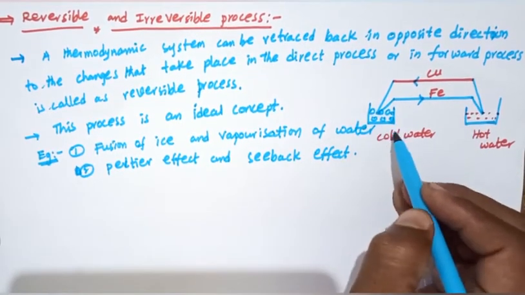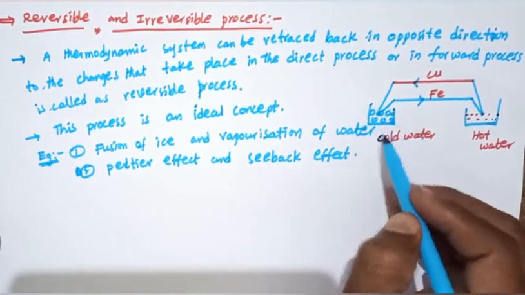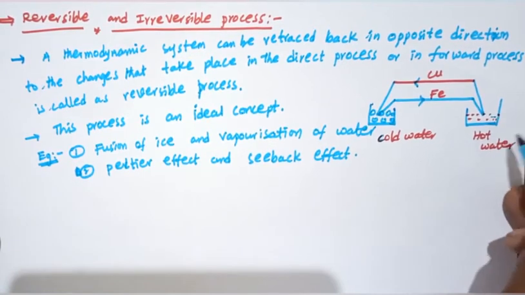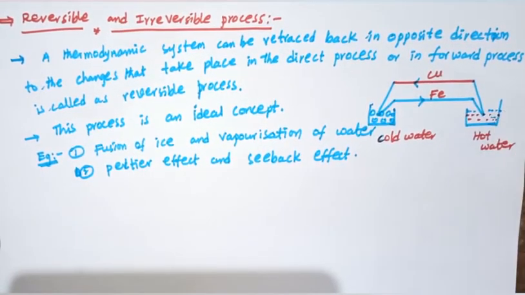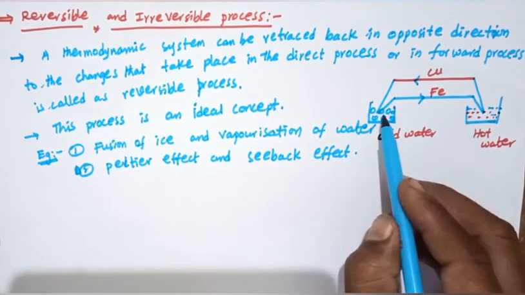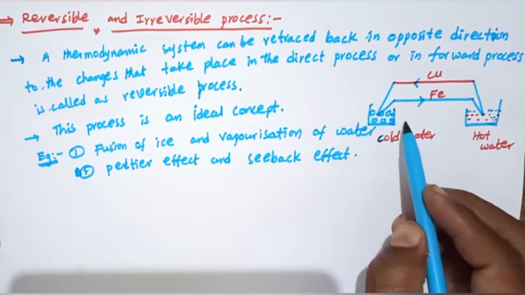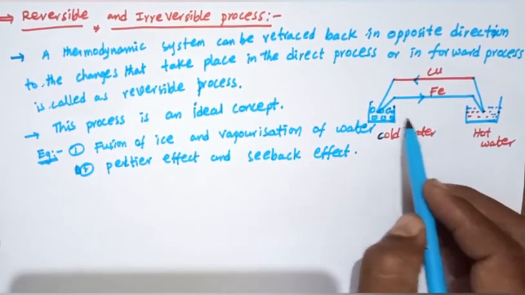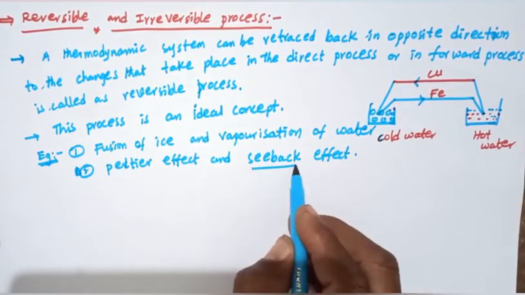At one junction we take cold water or ice cubes, and at the other, hot water. When the temperature difference between these two junctions is large, the current passes. Such an effect is called the Seebeck effect.